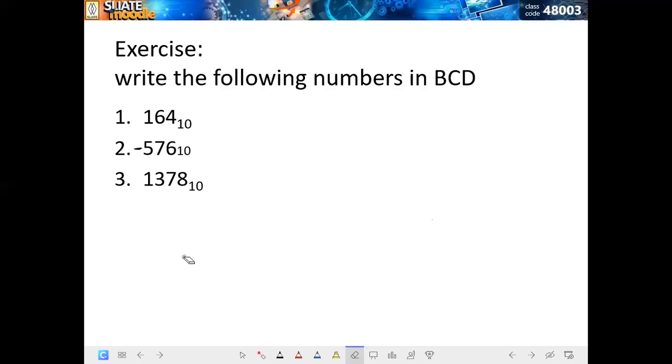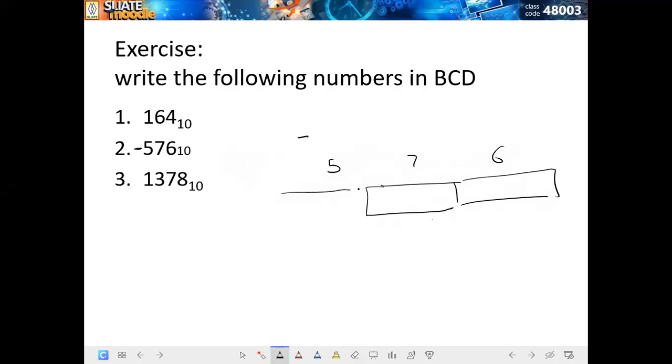Right, if we write the answer for this one, this time we have minus 576. No matter whether it's positive or negative, you need 3 blocks, because I asked you to write it in 3 bytes.